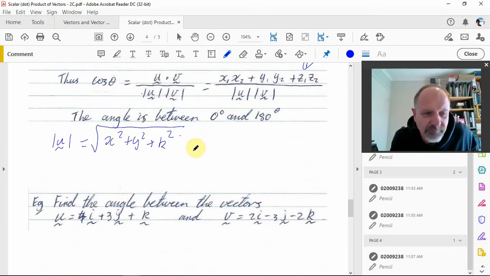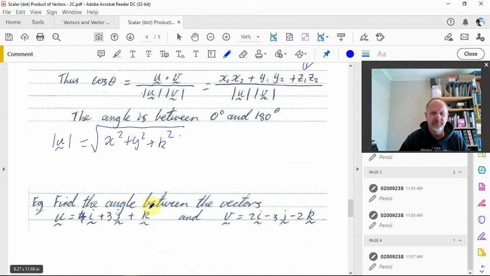We already know we want to find the angle. What do we need? We need the dot product and we need the magnitudes. So let's figure that out first.